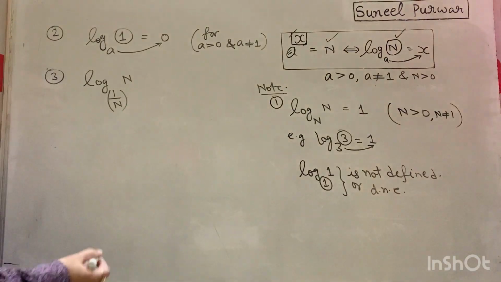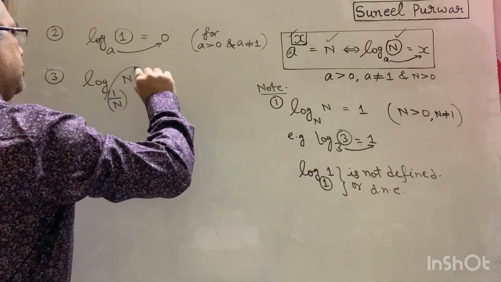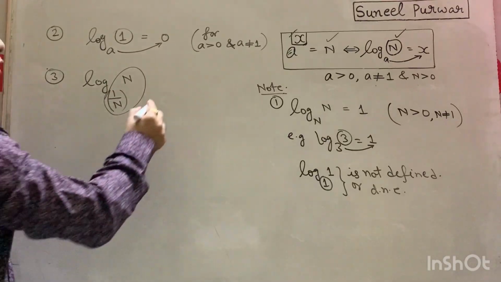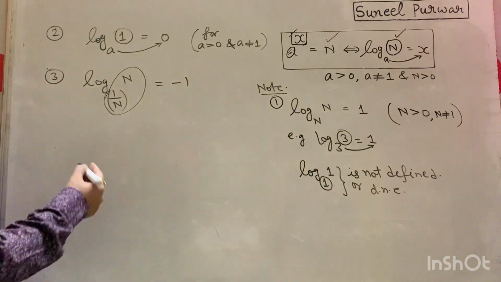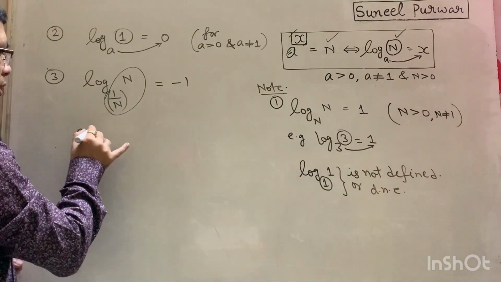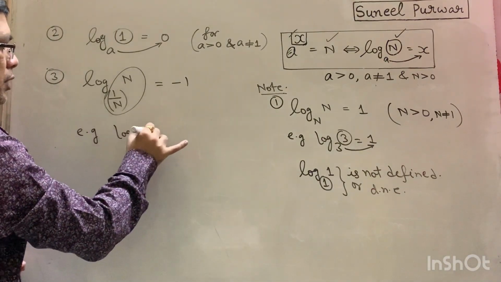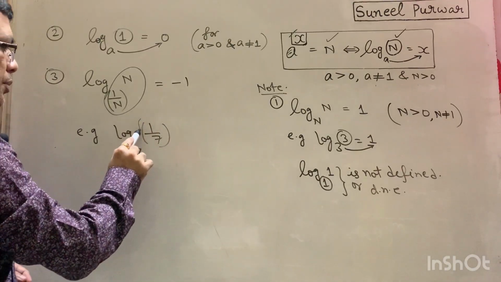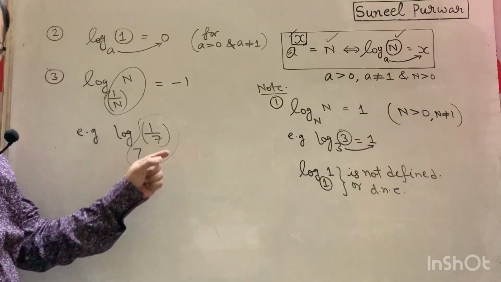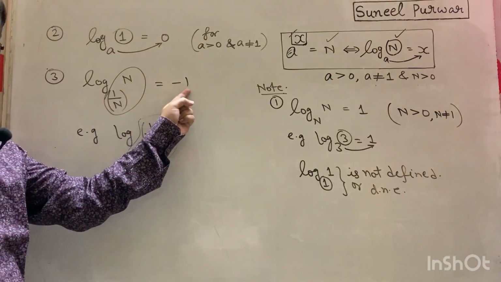In short, I can say if the product of these two values is 1, then the log value will always be minus 1. How? You see. First of all, example. If someone asks you log of 1 by 7 to the base 7, what you notice? The product of these two numbers is 1. So the log value is going to be minus 1, as I told you.